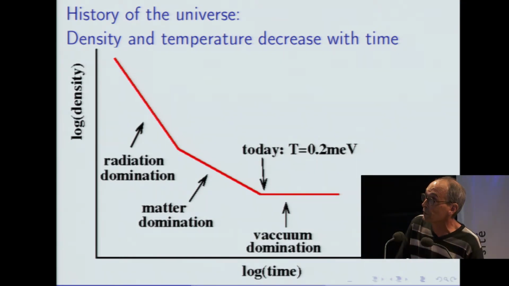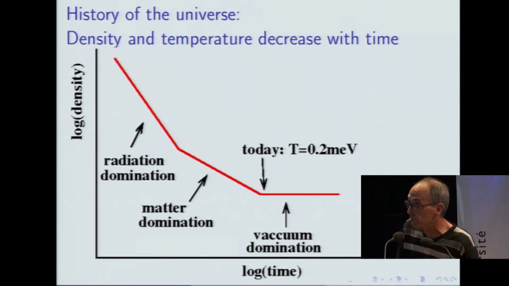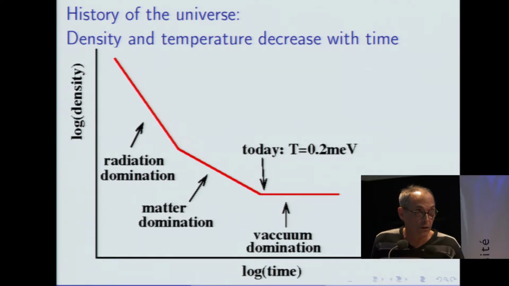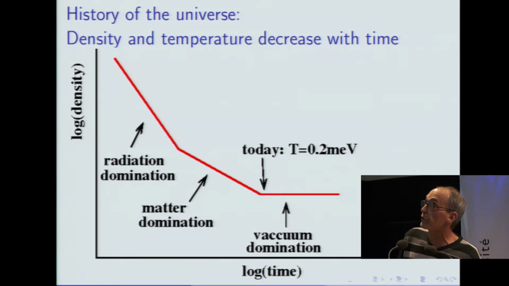Then there's a matter epoch when the radiation gets redshifted. And then there's today, where the temperature is about 0.2 millielectron volts. Now we're in what's called vacuum domination, because they discovered that the expansion is accelerating. So this is sort of what's going on.